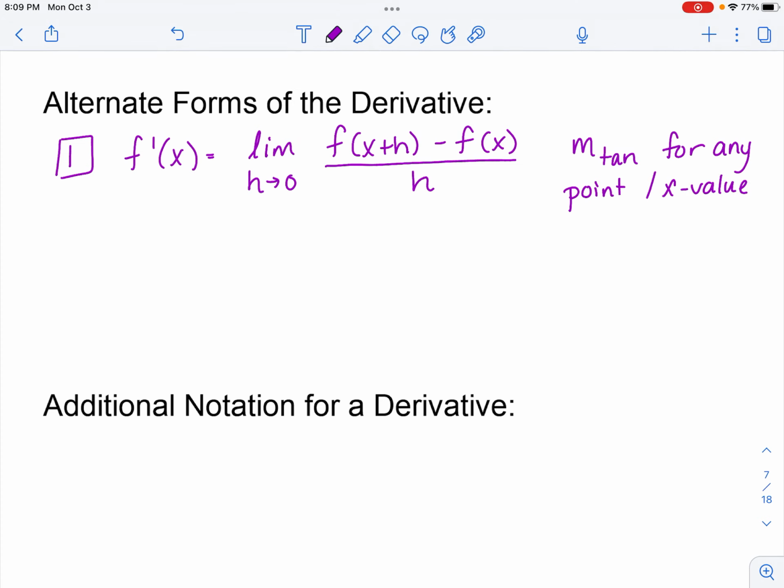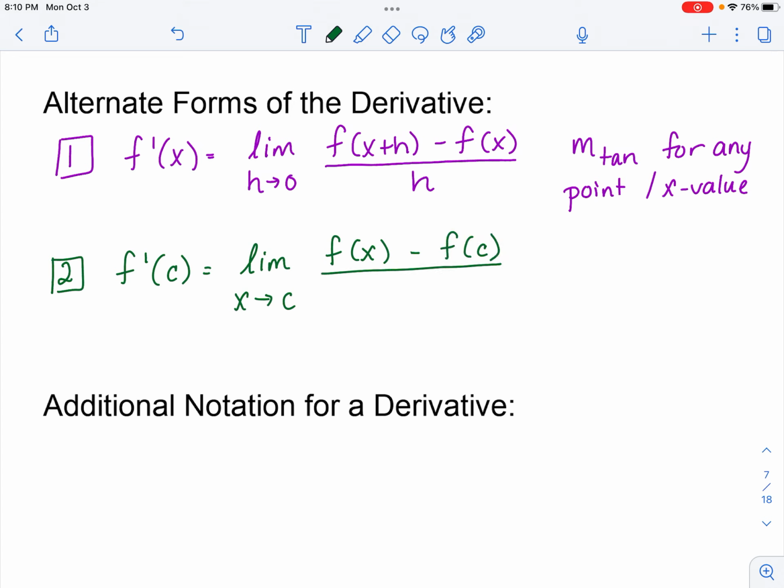Okay. Another form that is equally useful is f prime of a specific number c, and that's equal to the limit as x approaches c of f of x minus f of c all over x minus c, which looks more like our slope formula, okay? Now, why would we want to use this?